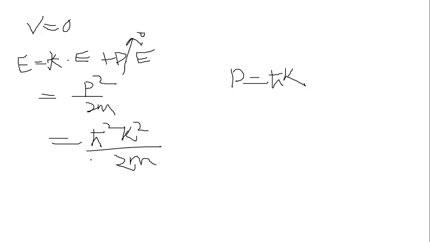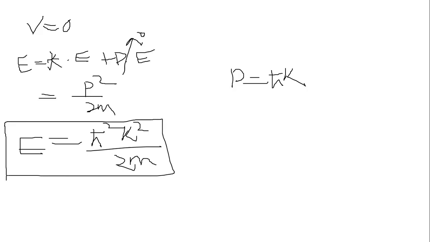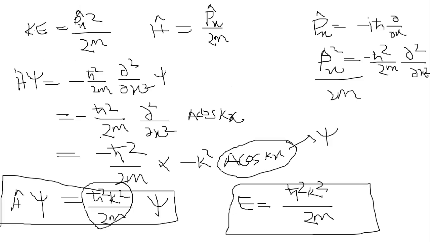So this is the energy of the particle in classical mechanics. Again, here we also found the eigenvalue of the Hamiltonian operator in the state psi.